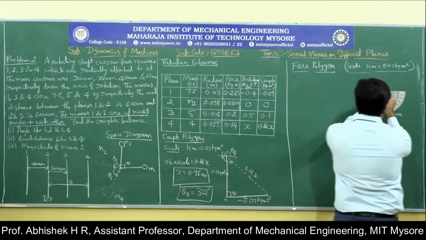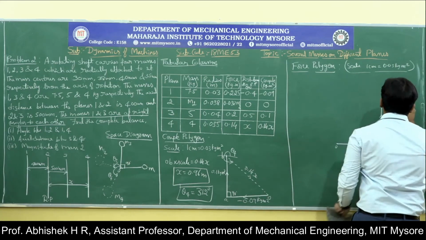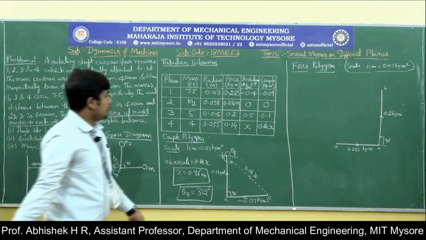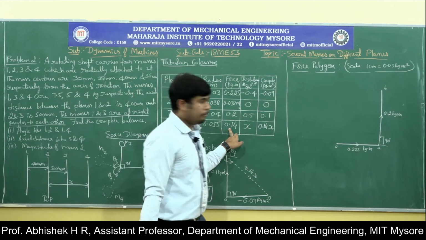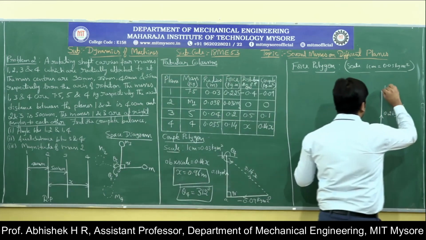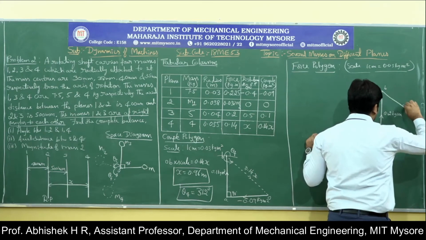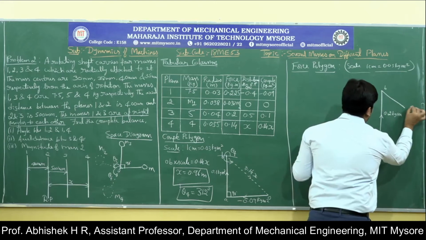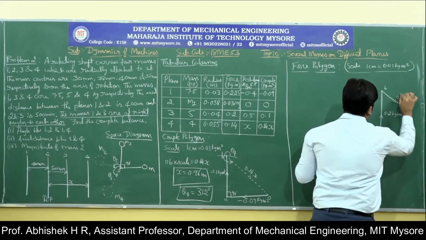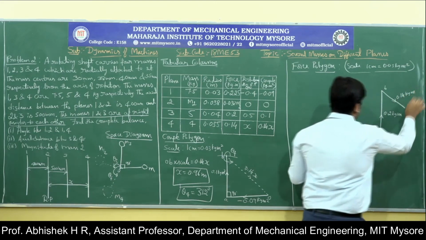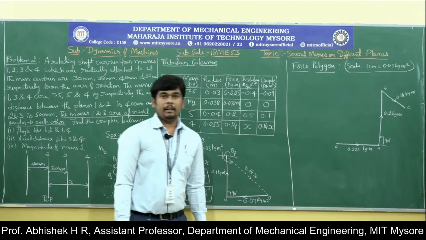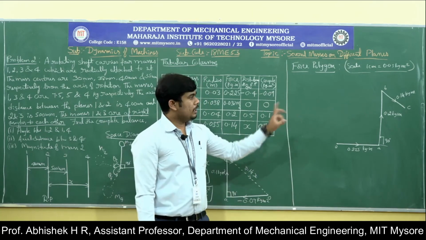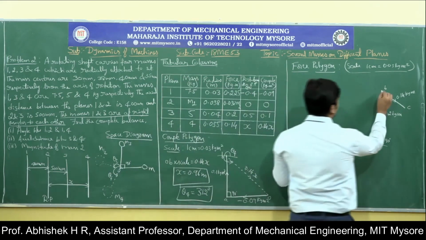So 312 means it will be here, and the distance is how much? 0.14, and for the converted scale, this point will be C, 0.14 kg meter. Clear? So I have taken all the angular positions, 90 degree as well as 312 degree.